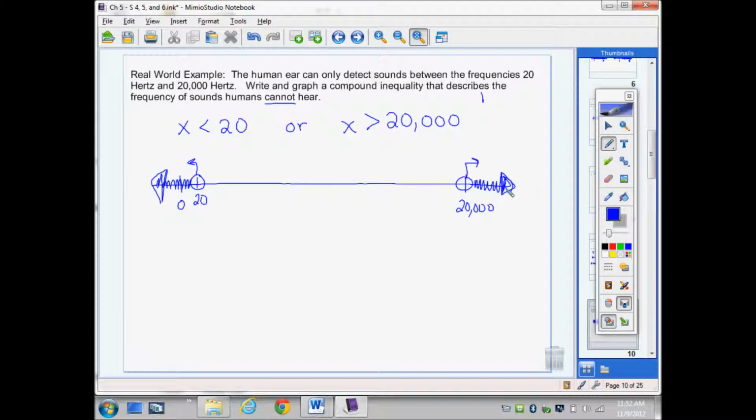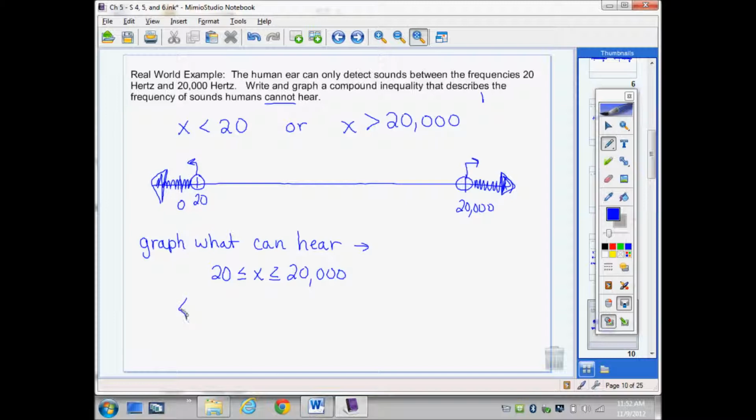Now, if I had asked you to graph what we can hear, that would be an intersection, because we can hear everything in between these. That would be where the overlapping occurs.